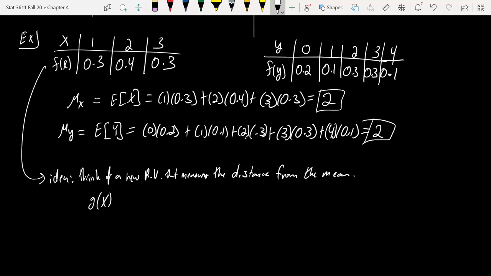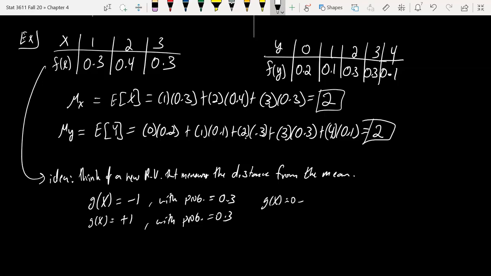So g of x equals -1, that's 1 to the left, with probability 0.3. G of x would be 1 to the right with probability 0.3, because that would be taking on the value 3. And g of x would be 0, 0 away from the mean, with probability 0.4, because that would be when I'm at 2.